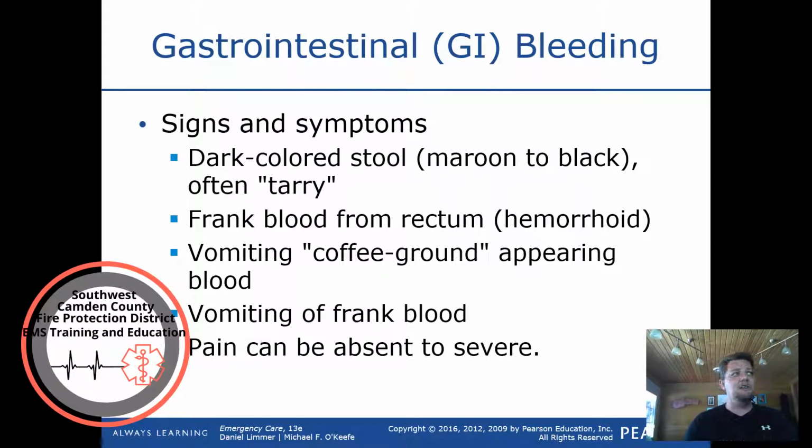Same way with the vomiting of coffee ground emesis: that blood has been in the stomach a while, because it has to come back up through the stomach and then the mouth. If it's vomiting of bright red blood, then we know it's in the upper GI tract, more so in the stomach or the esophagus, like esophageal varices or esophageal ulcers.